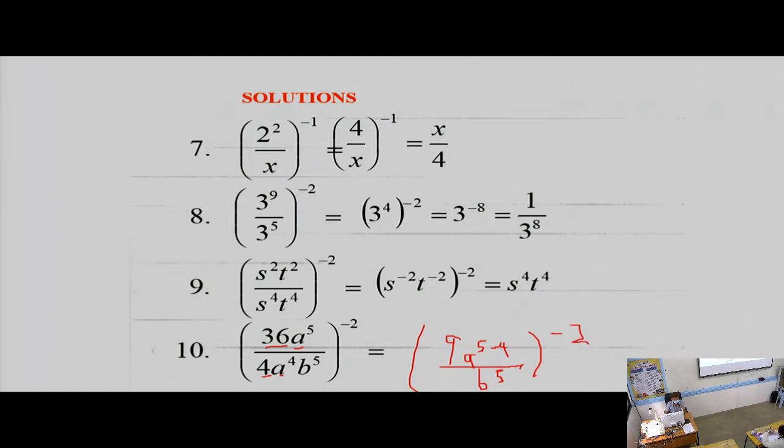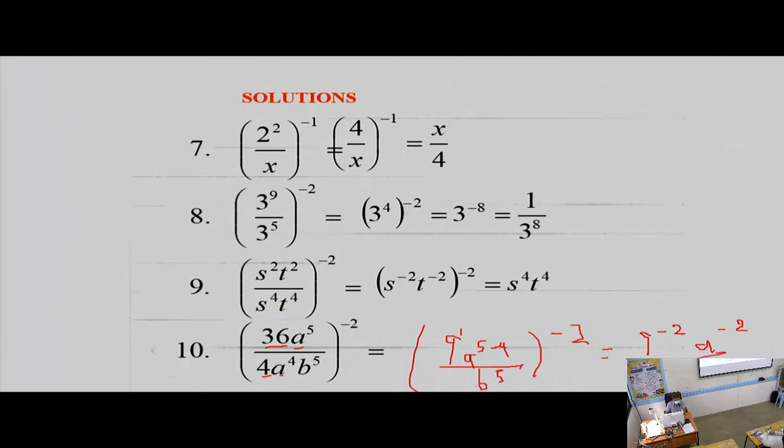Understand this? 9 to the power of 1 to the power of negative 2, that is 9 to the power of negative 2. A to the power of 5 minus 4, what is 5 minus 4? 1. 1 times negative 2, a to the power of negative 2.